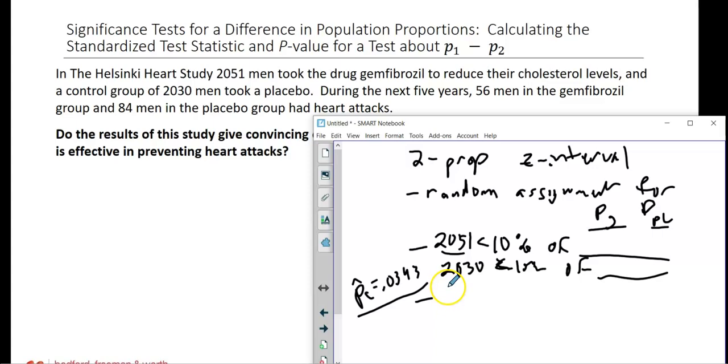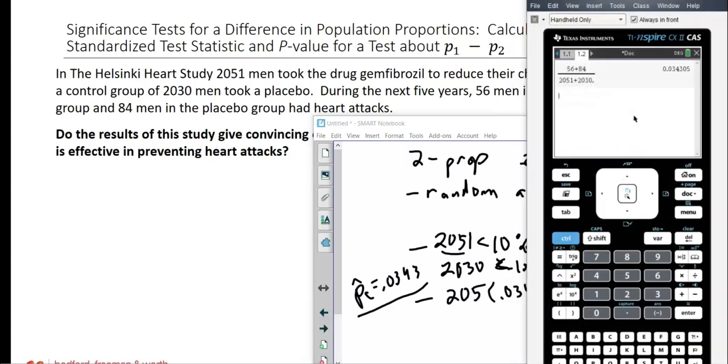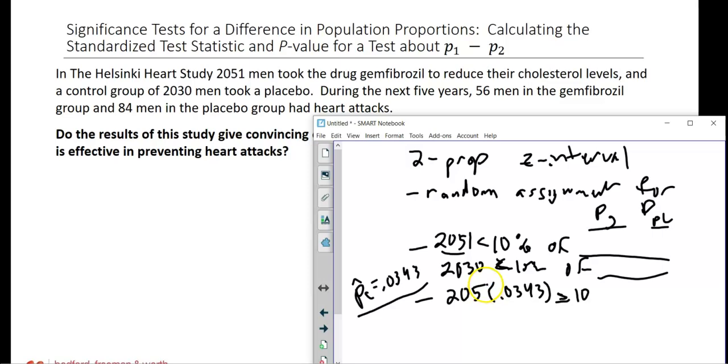So the first one is 2051 times 0.0343, that's p-hat combined. That number should be greater than or equal to 10. Let's check it out. 2051 times 0.0343, that's bigger. There we go. Barely fit in there.